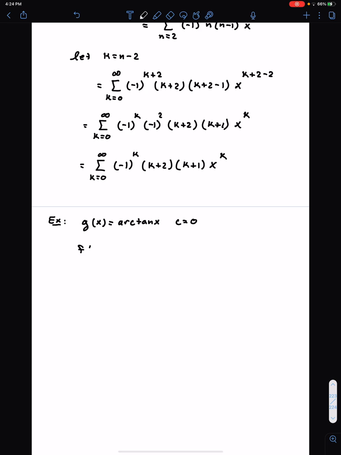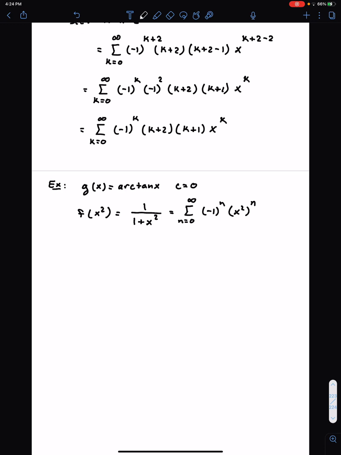So if f of x equals 1 over 1 plus x, let's compute f of x squared. F of x squared is 1 over 1 plus x squared, which is the series from 0 to infinity, negative 1 to the n, x squared to the n power.